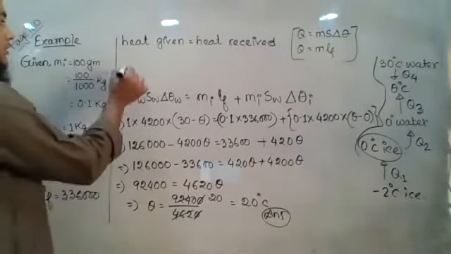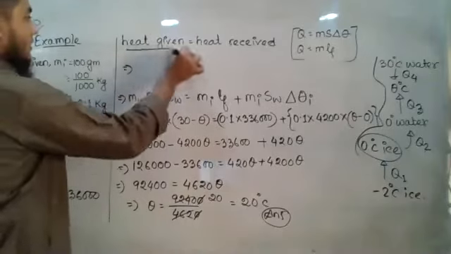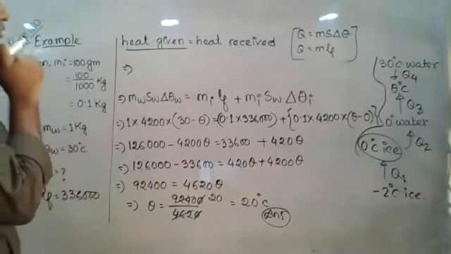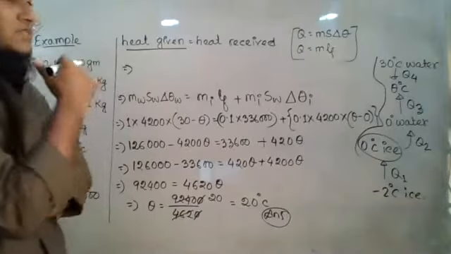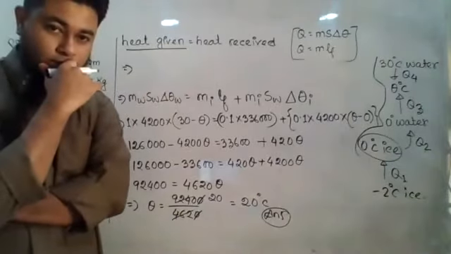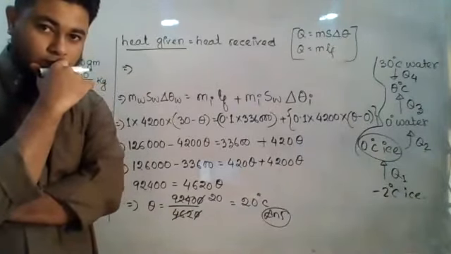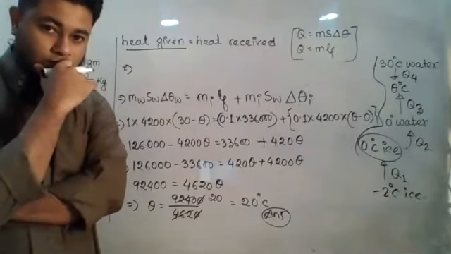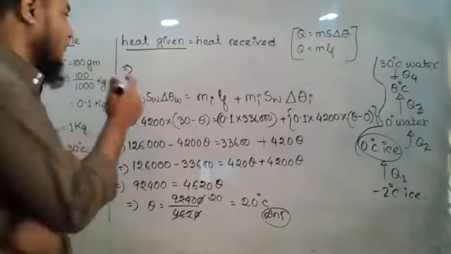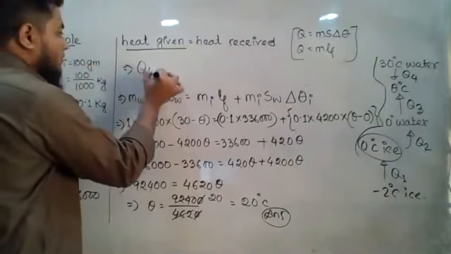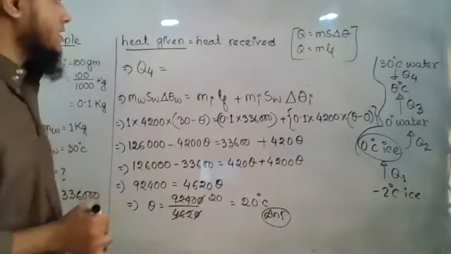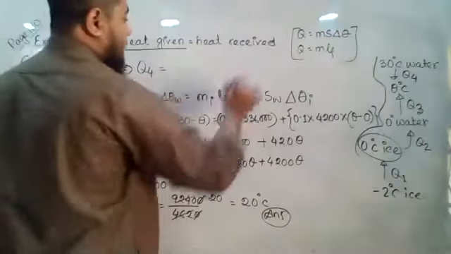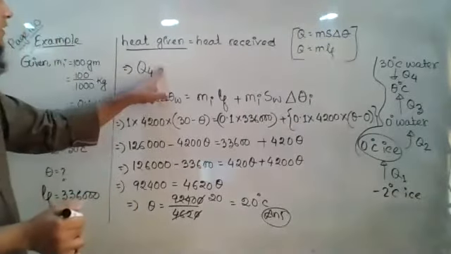Tell me, which one is heat given, out of Q1, Q2, Q3, Q4? Q4. Q4 is the amount of heat given. Is there any more heat given?